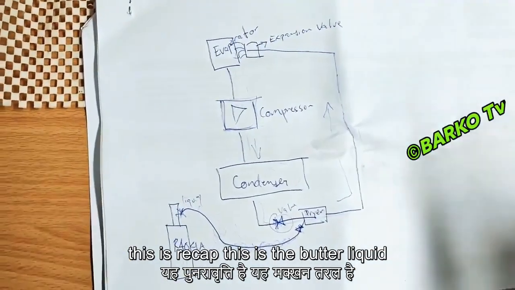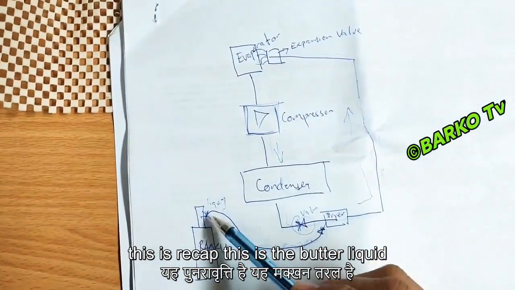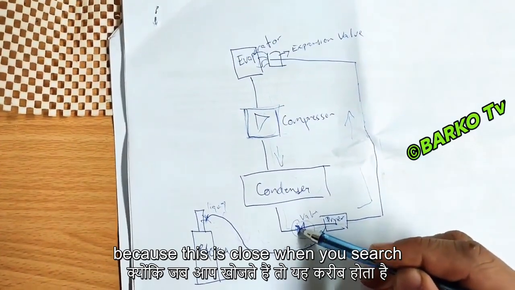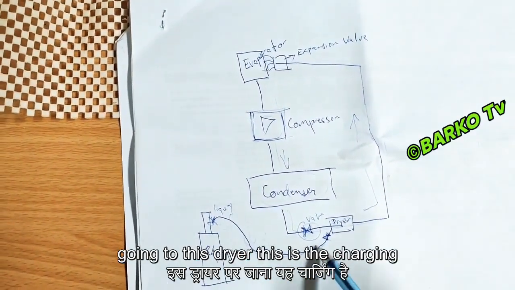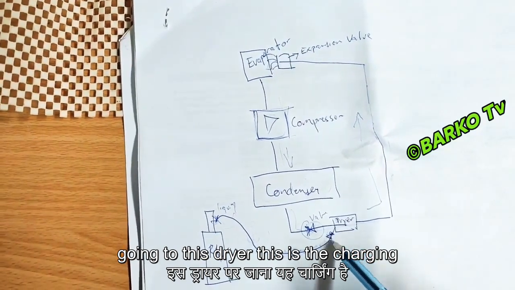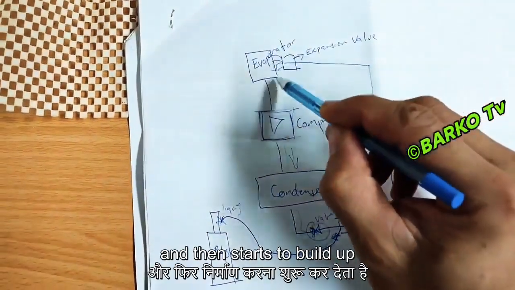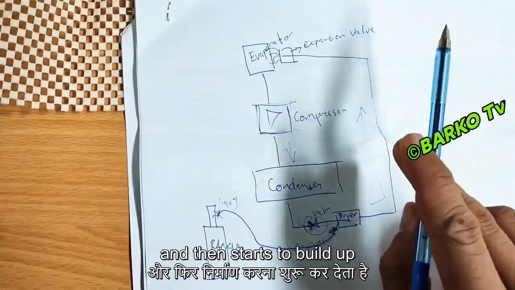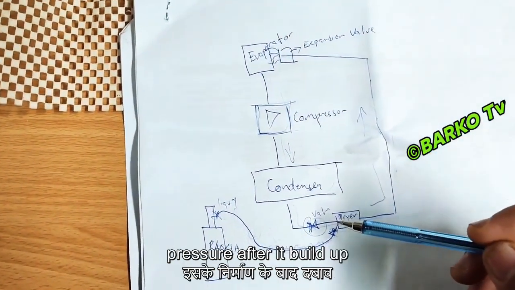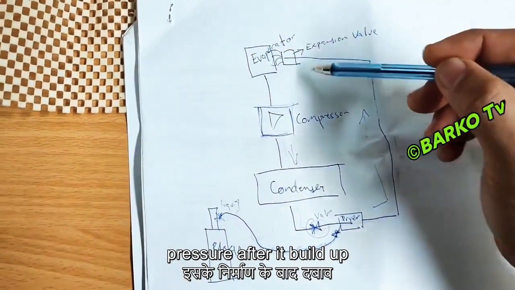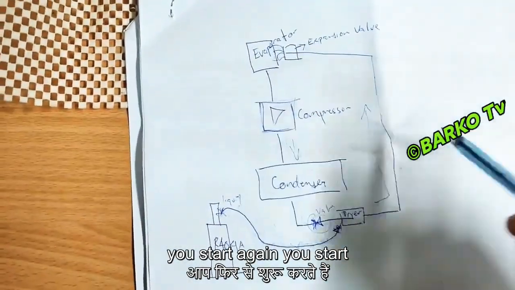This is recap. This is the bottle, liquid bottle. Because this is closed, when you charge, the pressure of this bottle going to this dryer. This is the charging valve, and then starts to build up the pressure. After it build up, you start again.